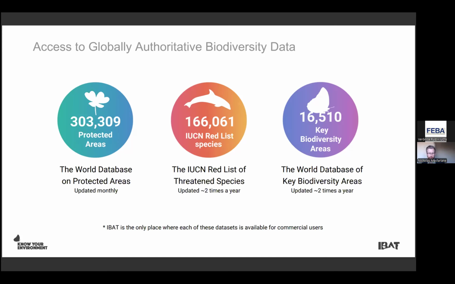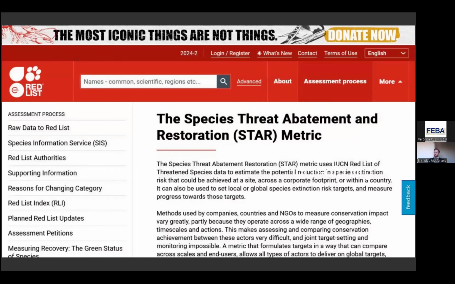STAR comes through that as one of the derived products of the Red List. And importantly for us here, while this is how you access them for commercial use, for non-commercial use, you can access them for free. And finally, in the future, we're anticipating serving this through the IUCN Red List of Threatened Species website as well.